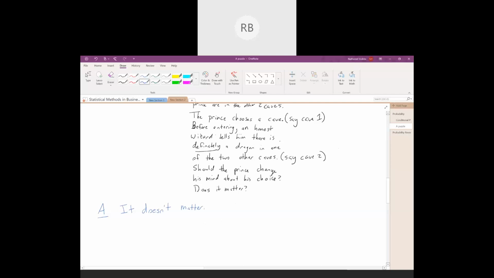And that's the case even if the first choice the knight makes is the one with the princess in it, there is definitely a dragon in one of the other caves. I mean, that's the case no matter which cave the knight chooses. Okay, great.